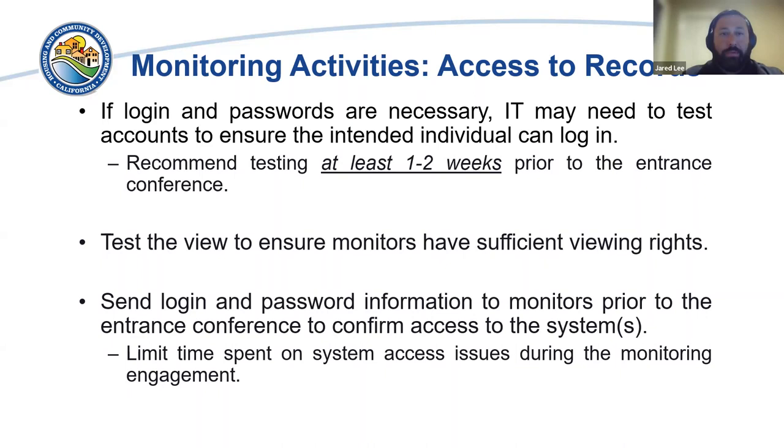But at the same time, if a subrecipient does have records in certain spots that make it difficult to transfer that information, and on the flip side, access to records is needed, it's okay to communicate that to HCD, right? If it's easier to have the monitors have access to your records, make sure that's known up front, right?